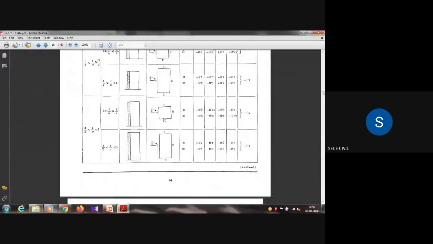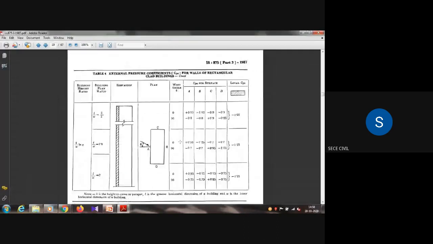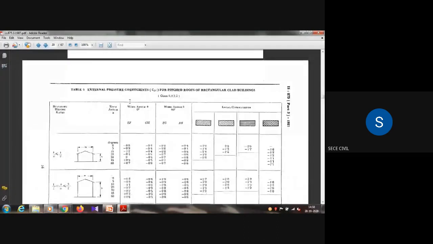For calculating the external pressure coefficient, we have the table. Table 5 is the external pressure coefficient for pitched roofs of rectangular clad buildings.